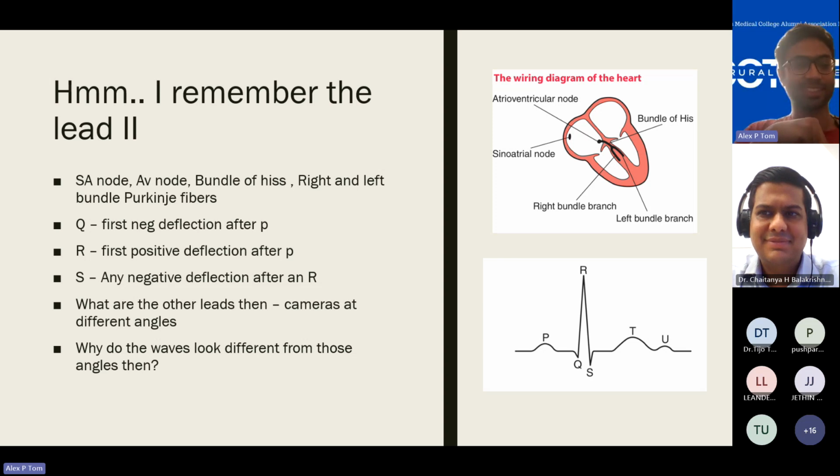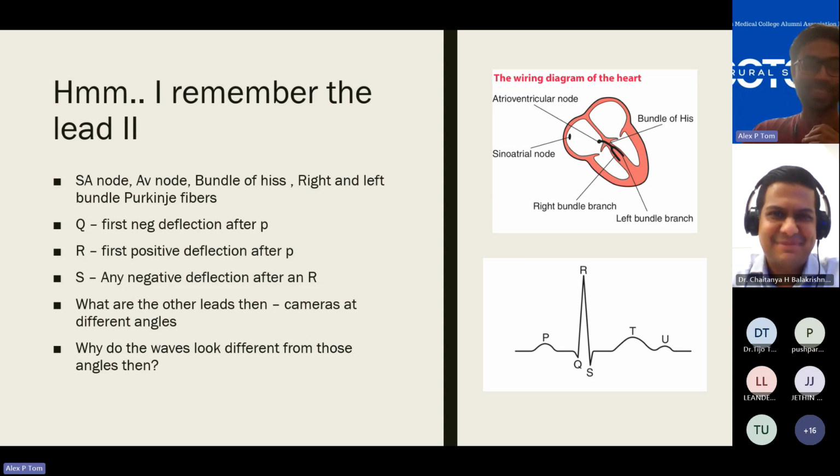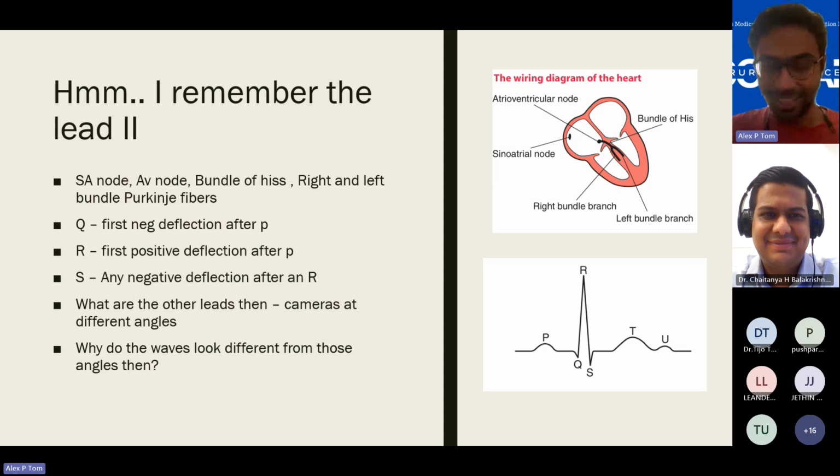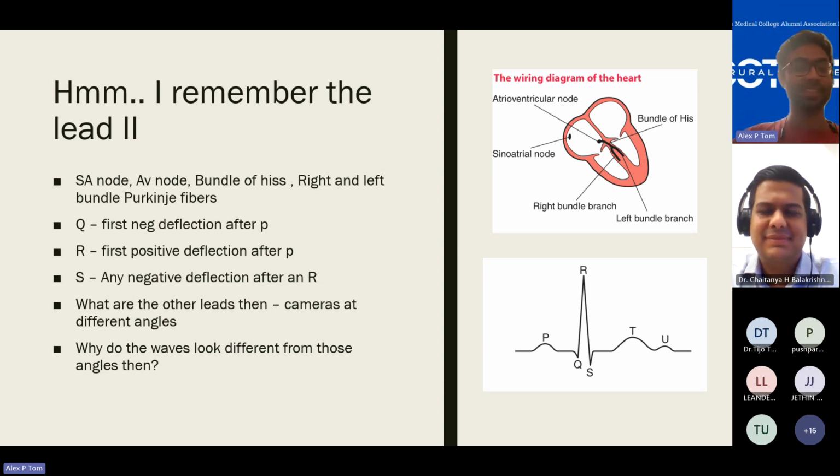What I remember last is lead 2 that I studied in first year, sometime in physiology. There was some stuff I studied in final year just before the exam, and some ECGs I mugged up for my exams. But yeah, I'm not an expert. That was my thought. So let's revise what we know in lead 2.